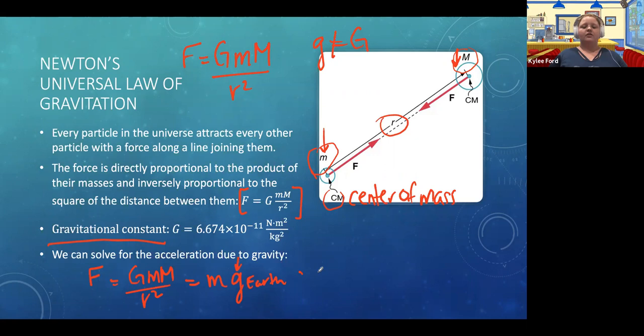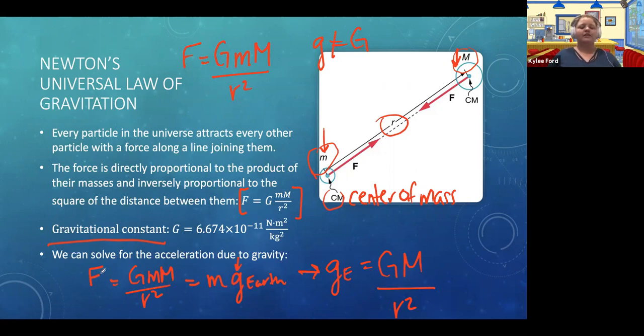So from that, I can find that g Earth, gravitational acceleration on Earth, is equal to, my little masses cancel, and I get my gravitational constant times my big mass over r squared. Now let me give you guys an idea of what the M's are standing for in this sense.